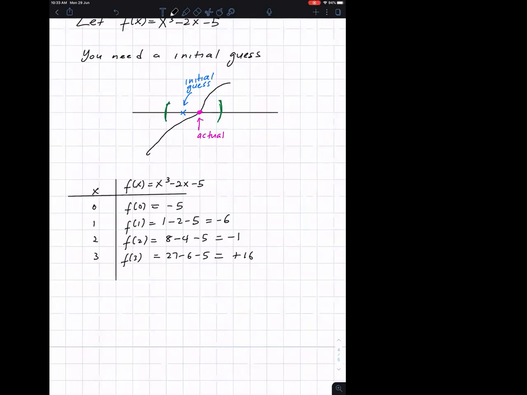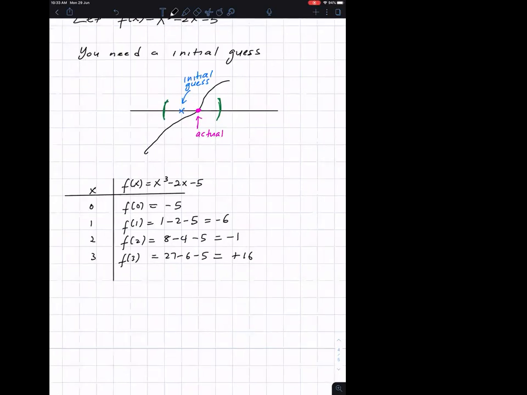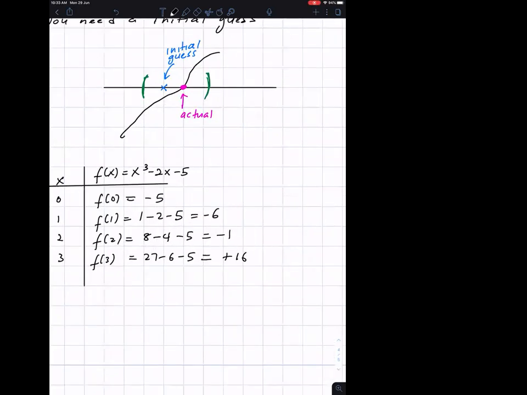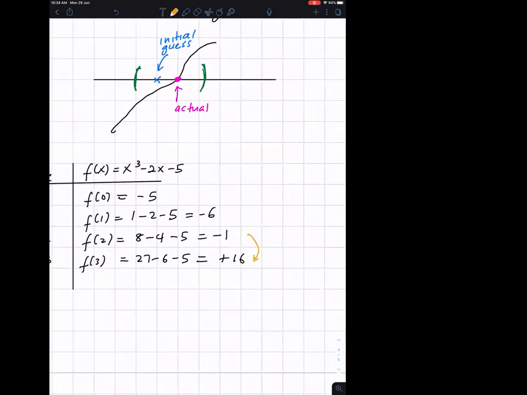So what do you do? You stop now because you have a sign change. You can see there's a sign change here, from negative to positive.